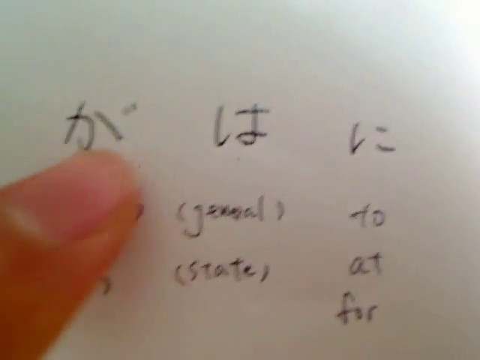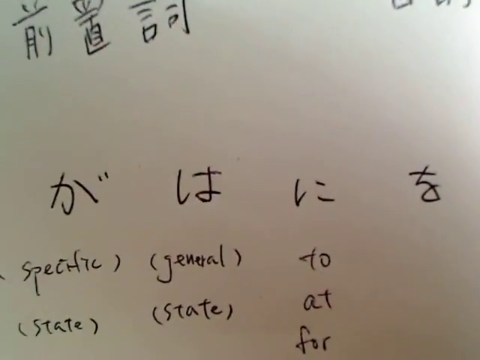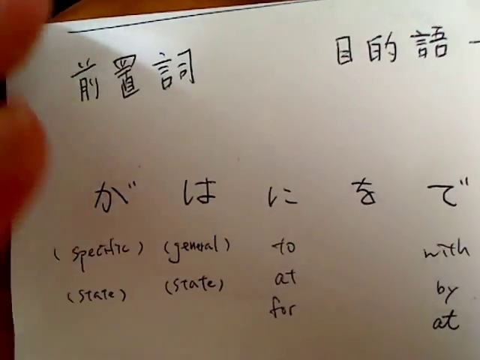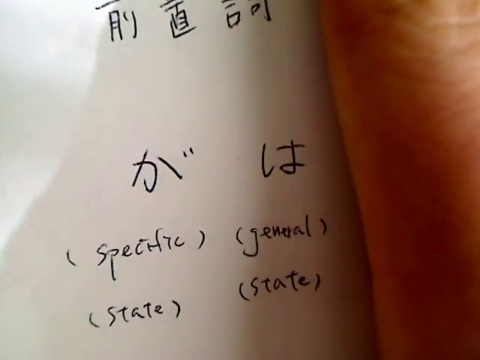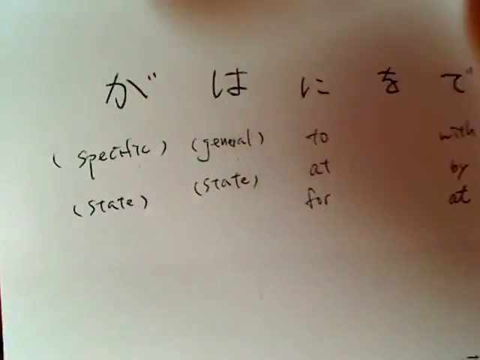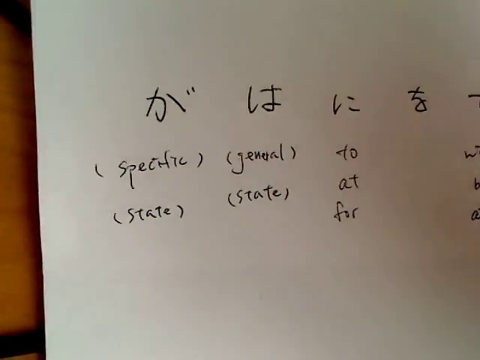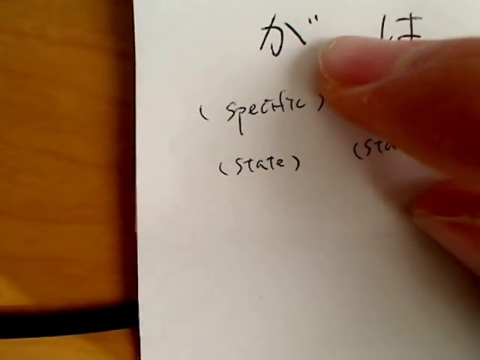Ga and wa are commonly translated as be verb: are, is, am, were, was. But they're not really be verbs. They're not verbs anyway.